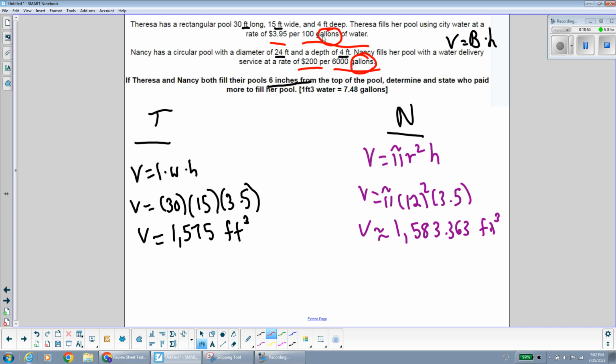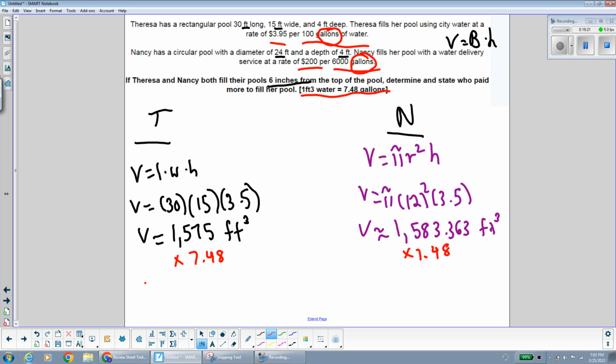Luckily, in the question, they give us the conversion. 1 cubic foot of water is equal to 7.48 gallons. So in order to change from cubic feet to gallons, we're going to multiply by 7.48. I'm going to do that to each of the pools' volumes to convert from cubic feet to gallons.